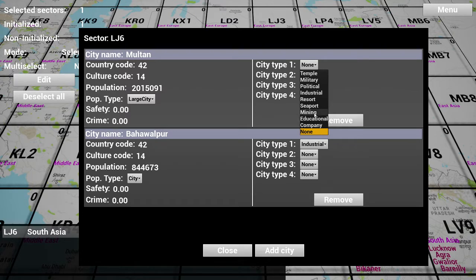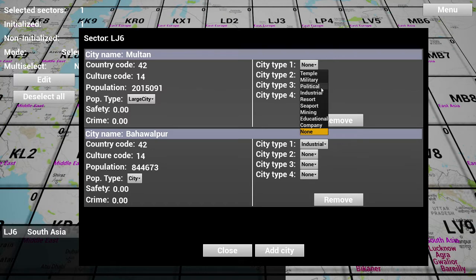Mining, self-explanatory if it's a mining town. Seaport, if it's a coastal city and they have a port. Resort, if it's a tourist destination. Industrial, if it's an industrial city with lots of factories, or they focus on one particular industry in order for that city to make money.